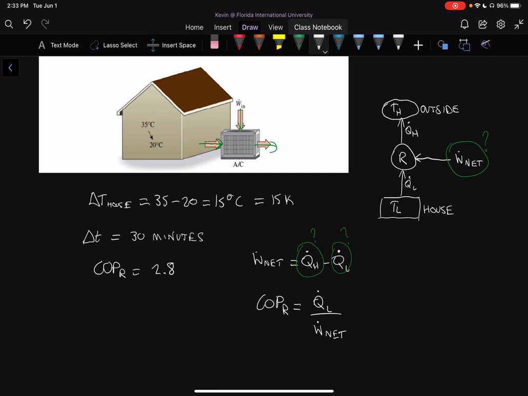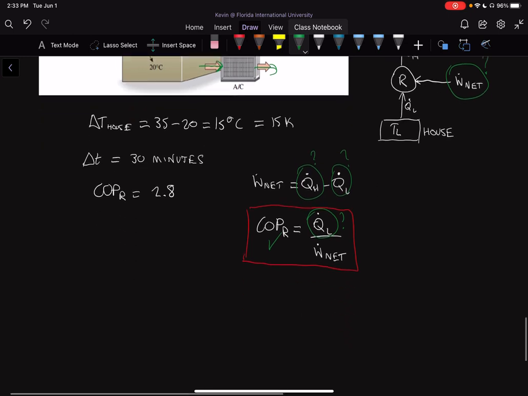This equation is going to be nicer for us because we already know COP of R. So the only thing we have to figure out is our Q dot L. If we can find Q dot L, we can find our work dot net. So let's define what Q dot L is.